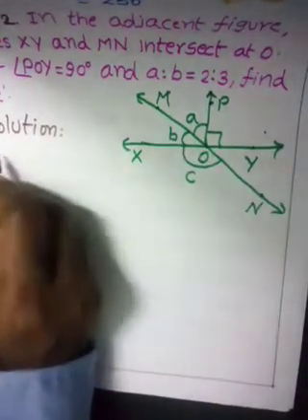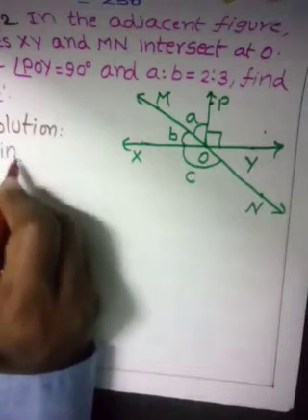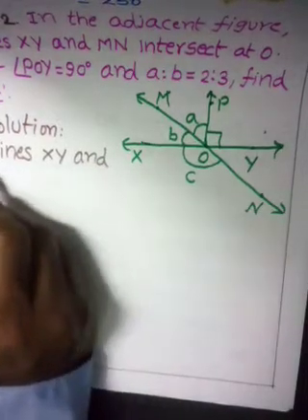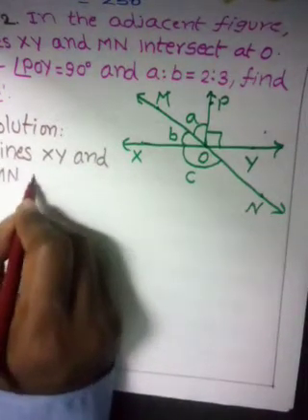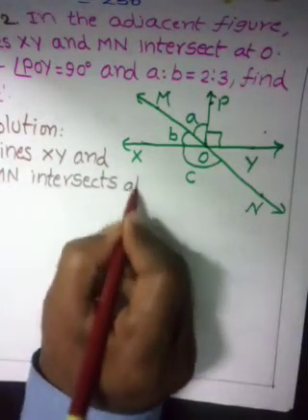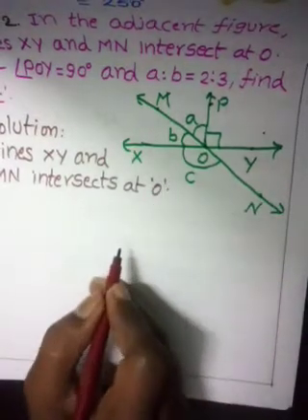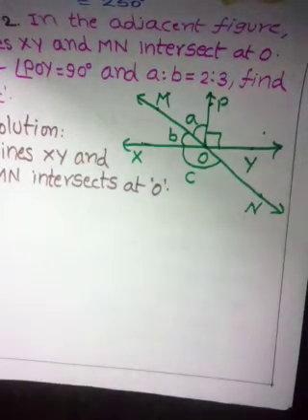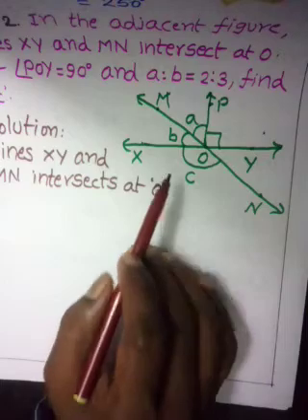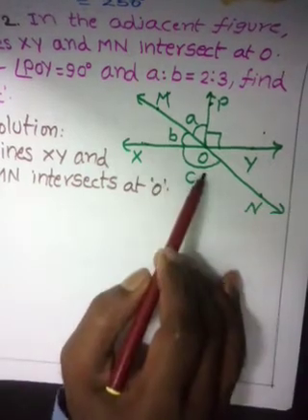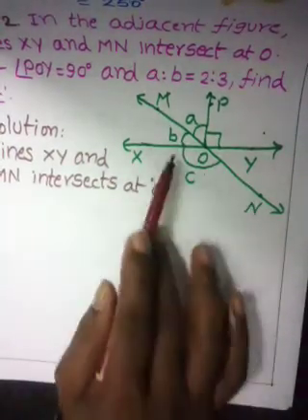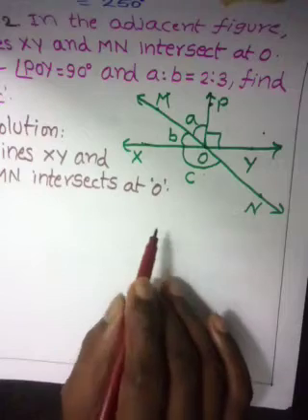We write here lines XY and MN intersect at O. So, what can you say about angles? See here, angle B plus angle C is 180 degrees because it is a straight angle. Angle B plus angle C is equal to 180 degrees.